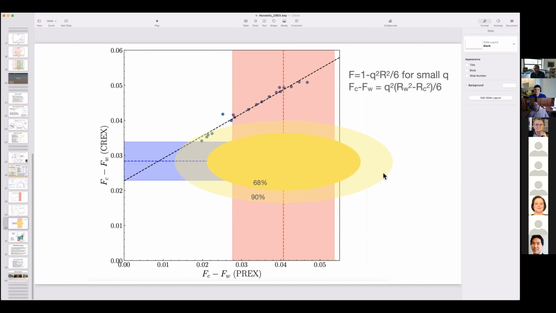If you determine the three-body force some other way, CREX will be a very good check that the three-neutron force contribution in calcium-48 is relatively small. You can make some statement like that. Okay, thank you.